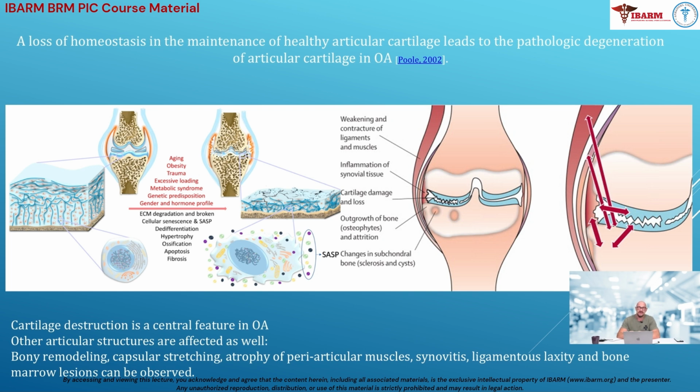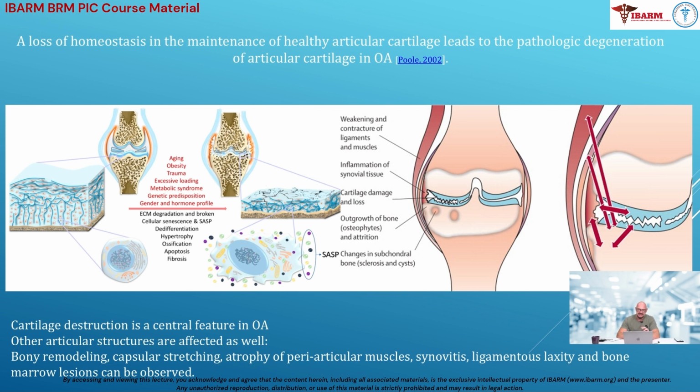However, we need to understand the complexity of the joint, and when the joint is affected by osteoarthritis, it's not just the destruction of the cartilage only. It's not just the degeneration and the chronic inflammation in the cartilage tissue, but it's also the bone remodeling.